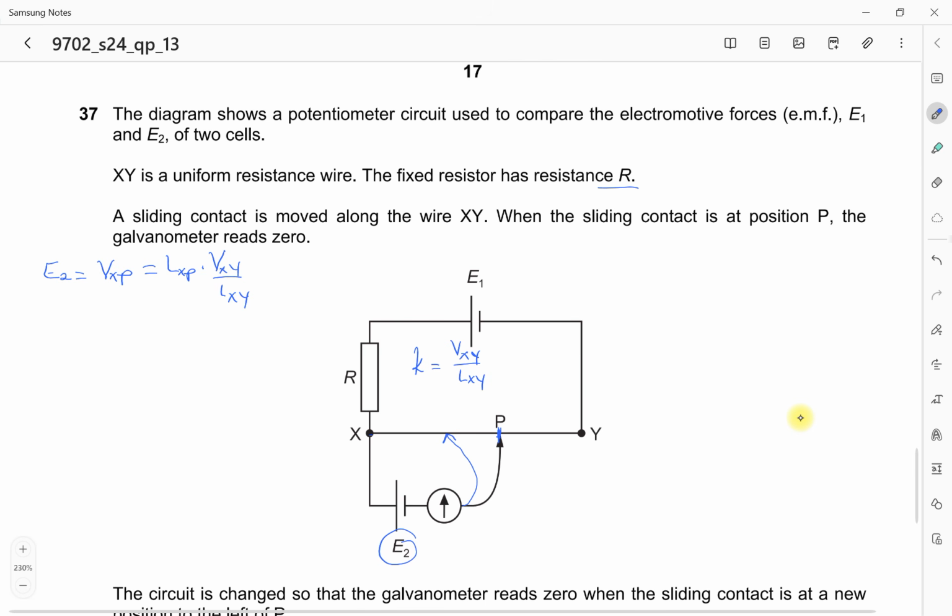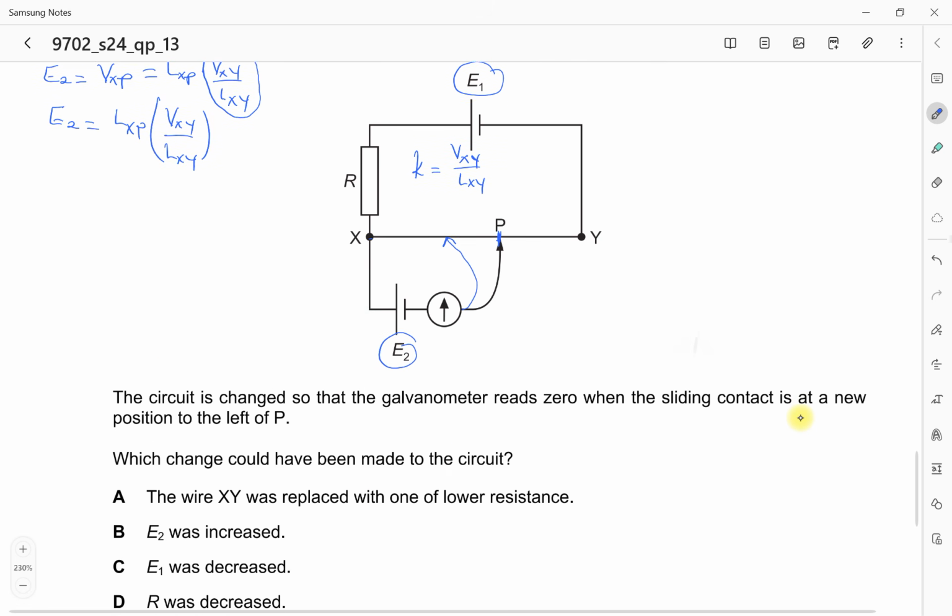So this is going to be a constant, and that constant can only be affected if E1 is changed. So E2 must always be equal to the length LXP times PD across XY over the length XY.